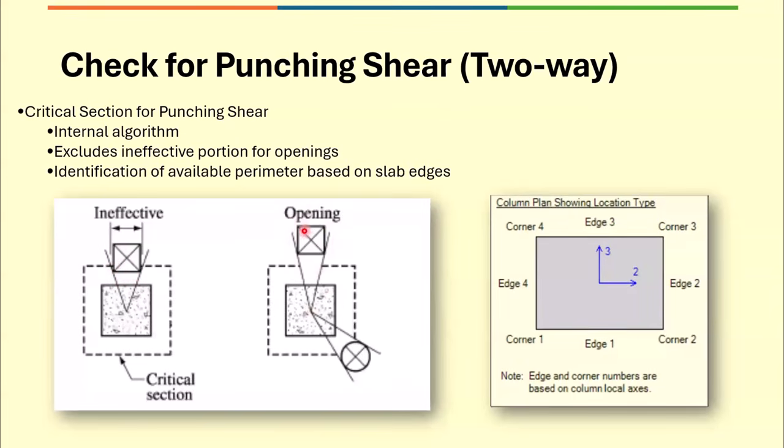For example, like openings, you can see so only these beyond those opening region, tributary region, then it will use this, and it also detects the column location, whether it is an interior column or it is at the corner, and accordingly only two edges or all four or three will be used.